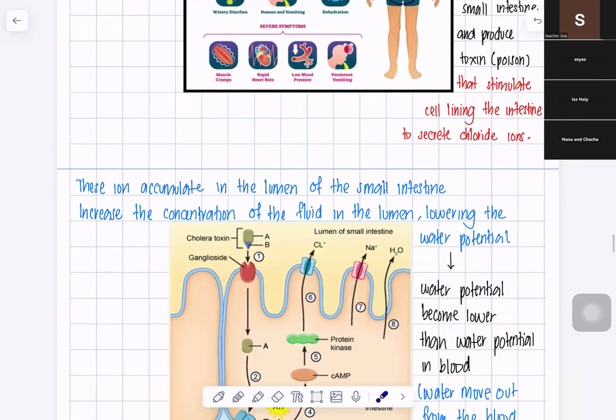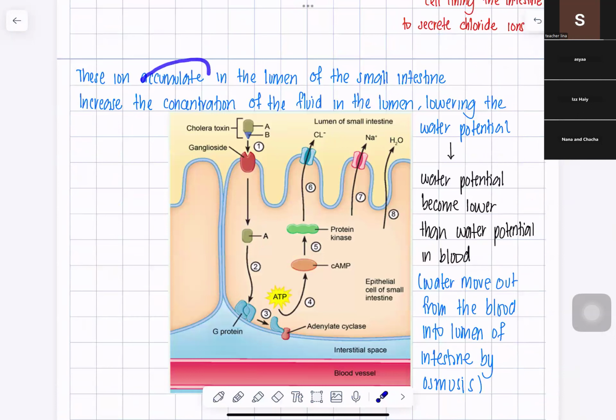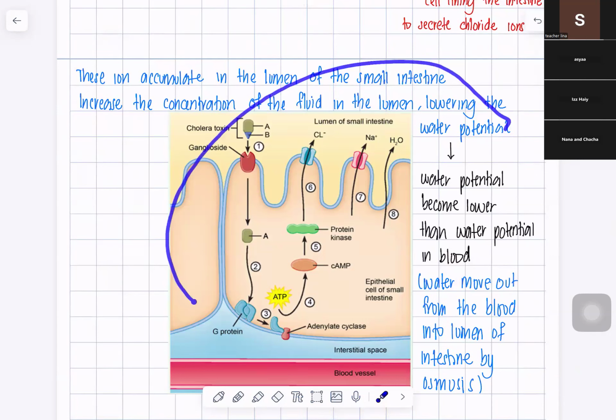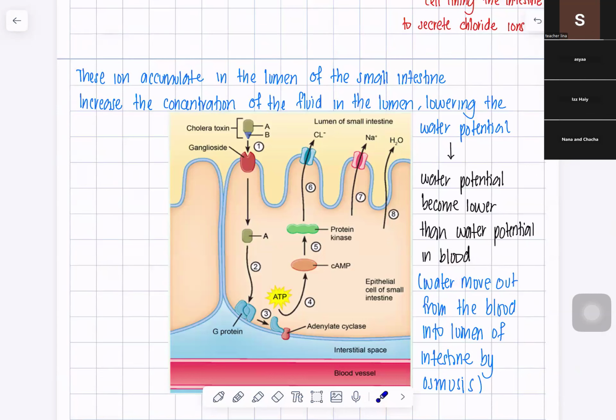The poison, the toxin, will stimulate the cell lining of the intestines to secrete the chloride ion. So that chloride ion accumulates in the lumen of the small intestine. Cholera toxin, I don't need you to know the glyceride, no need.